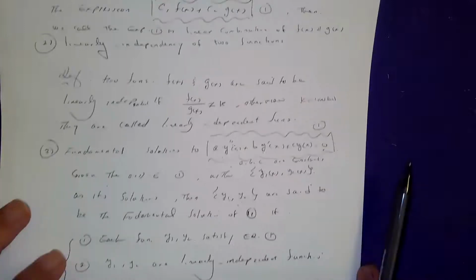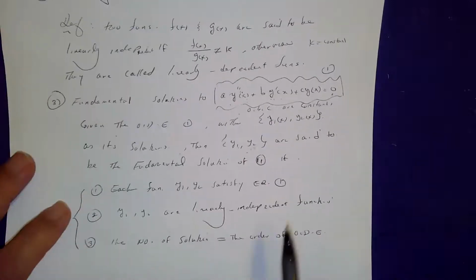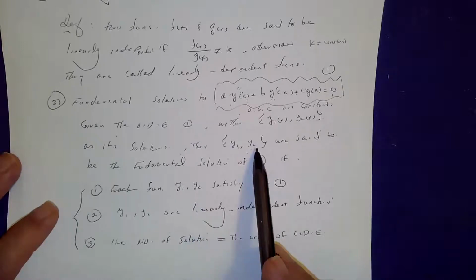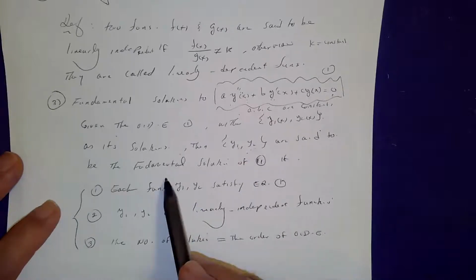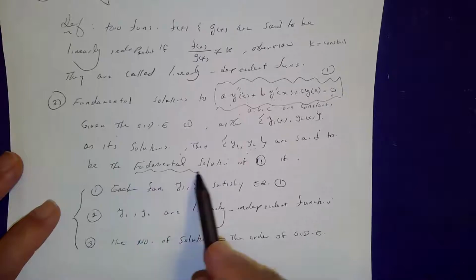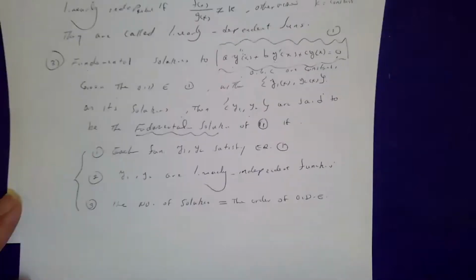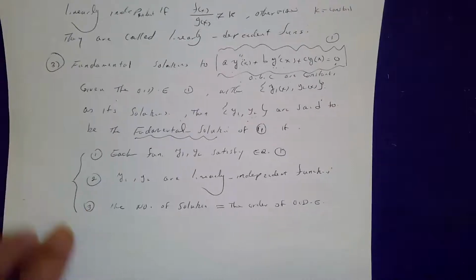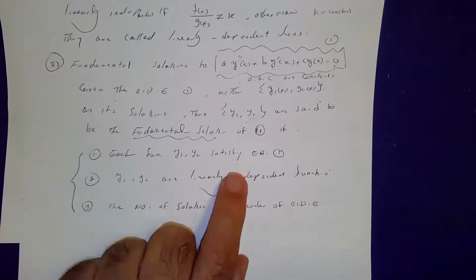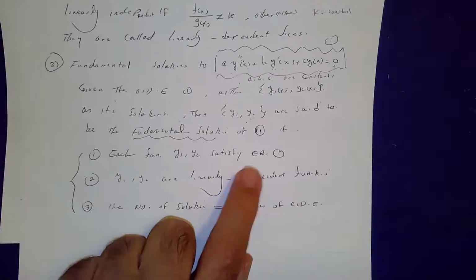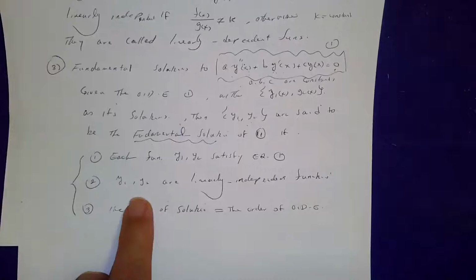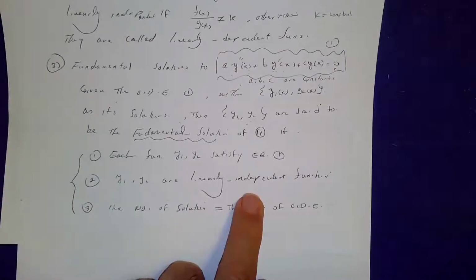If that's the case, then what? You will always have two solutions, right? And those solutions are called fundamental solutions, provided they satisfy three conditions. What were those conditions? The solutions should satisfy the equation, all right? The solutions should be linearly independent.